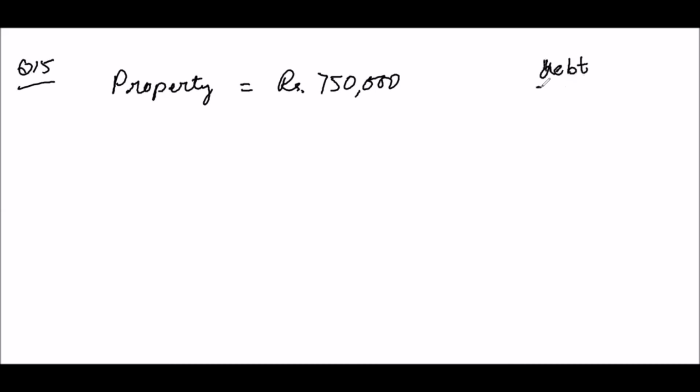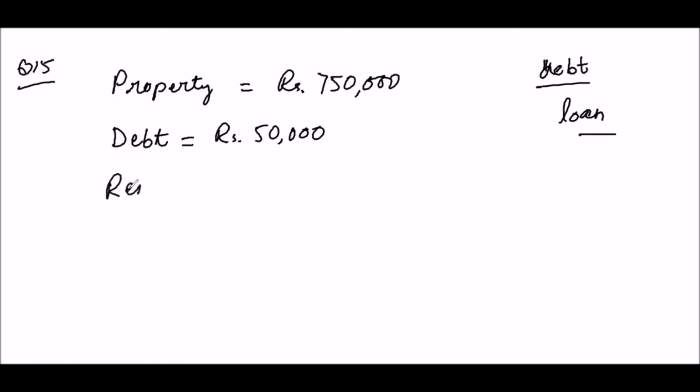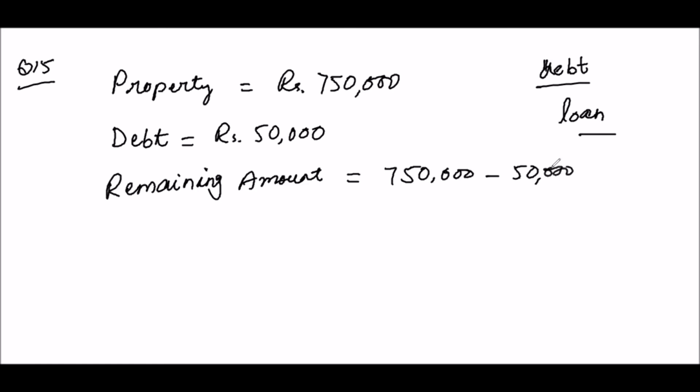Debt, it means loan. They had to pay back loan. Worth of debt is rupees 50,000. So the remaining amount will be, we will subtract 50,000 from the actual amount, and it will be rupees 7 lakh or 700,000.